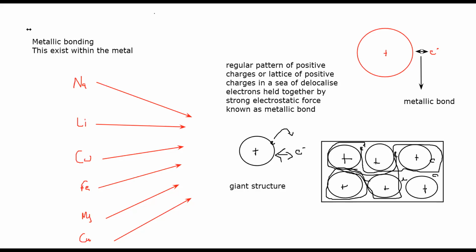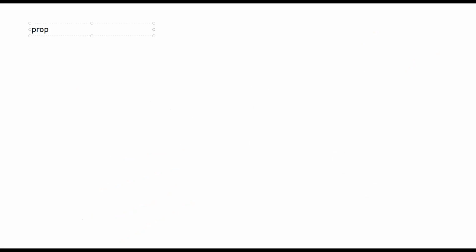Then the properties of the metal with reasons. If we say metals have a high melting point, what could be the reason why metals have a high melting point? Two things are there.